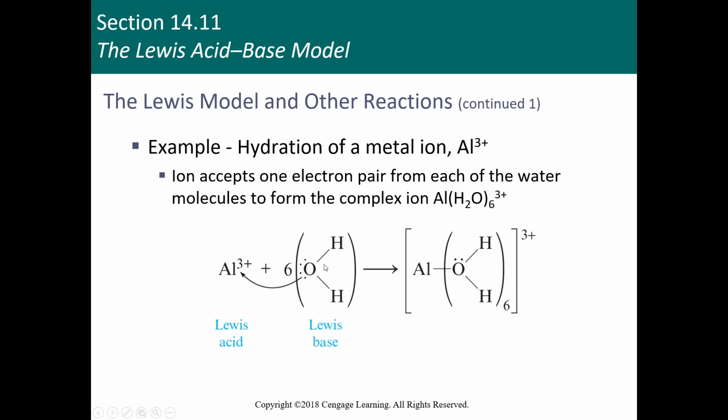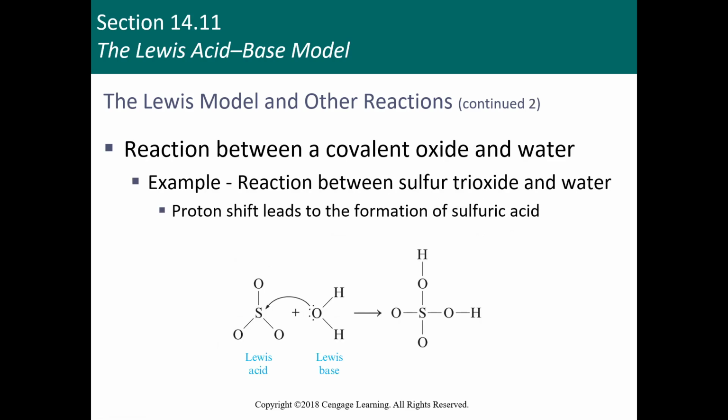However, this reaction that makes it is actually a Lewis acid and base reaction. You can see here your Lewis acid is going to accept an electron pair. And that's how you create this complex here. So isn't that fascinating?